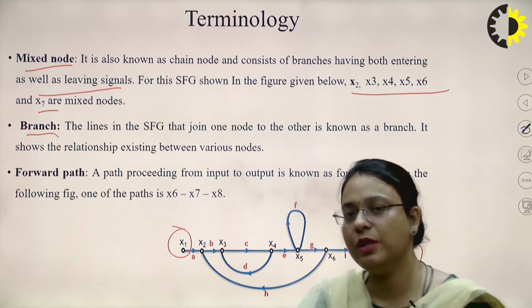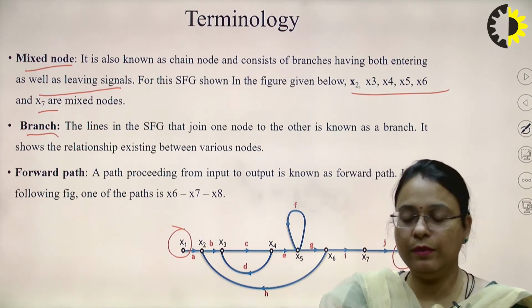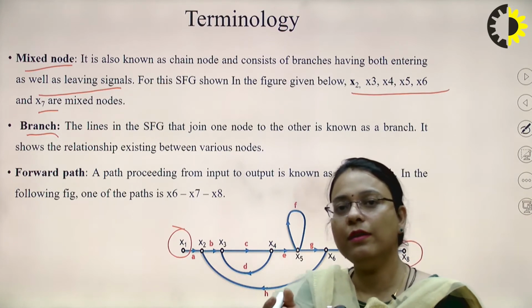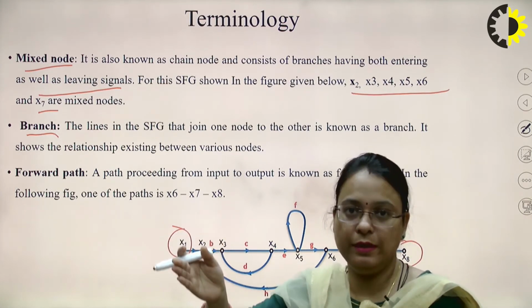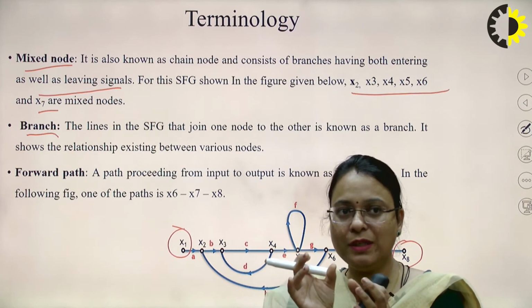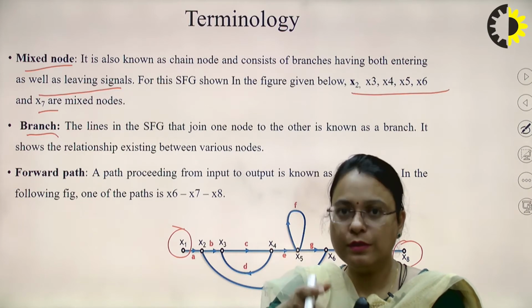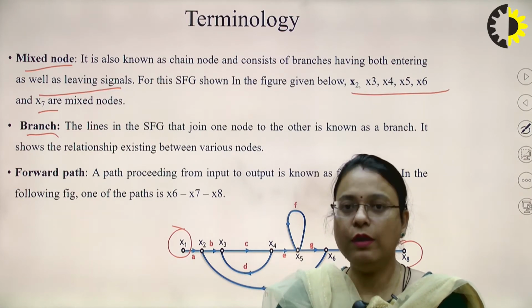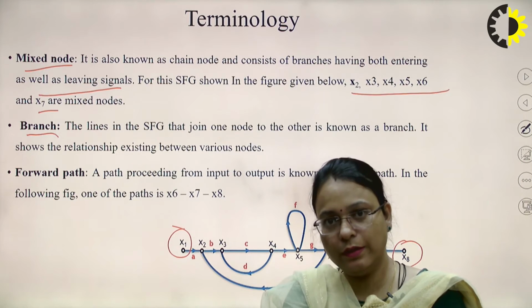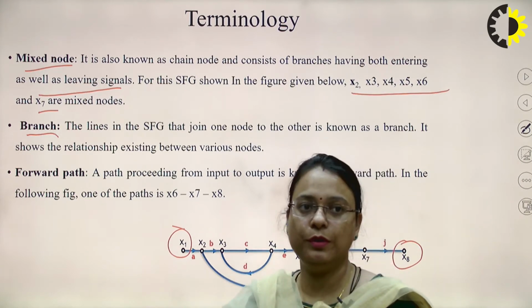We know that the transfer function is the mathematical approach, and the arrowhead represents the flow of the signal from one node to another node. The branch shows the relationship of one signal on another to produce the output.